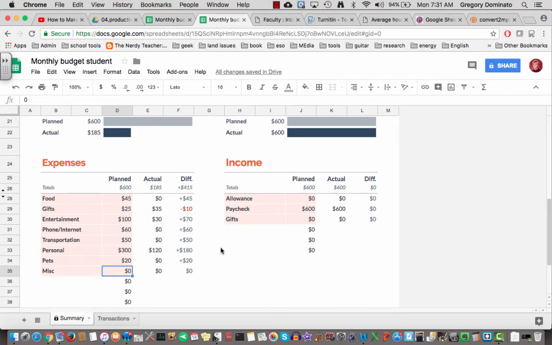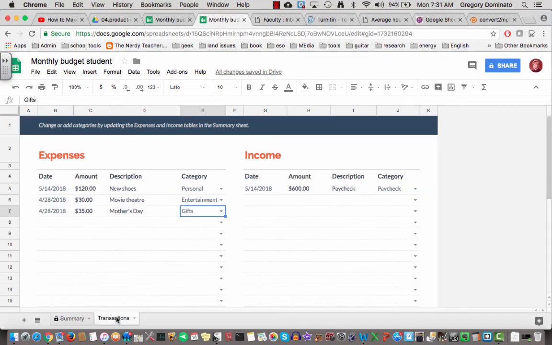So now over on the transactions page, it makes sense. I go out and spend 120 bucks on new shoes. That's a personal expense. I went to the movies, 30 bucks. That's entertainment. I spent 35 bucks on a Mother's Day gift. And similarly, notice how I updated all these dates.